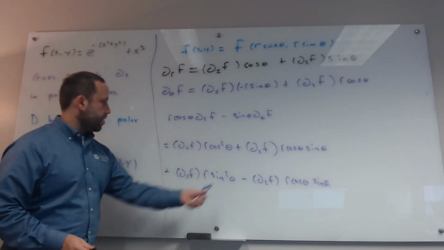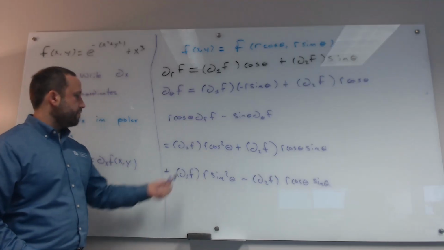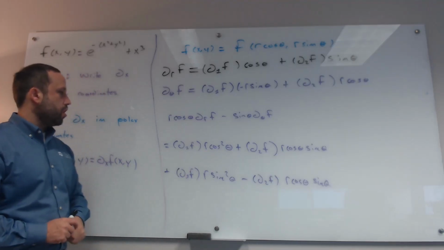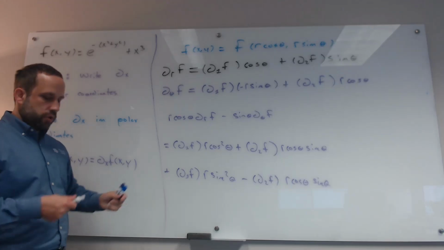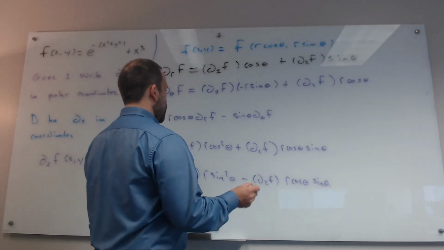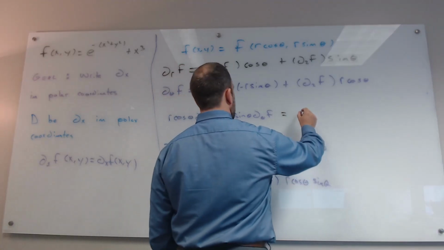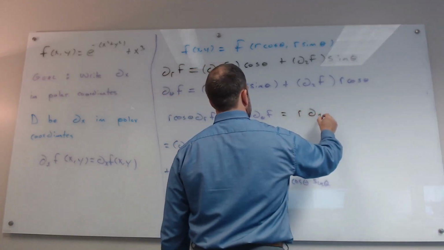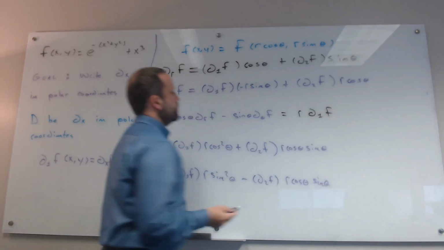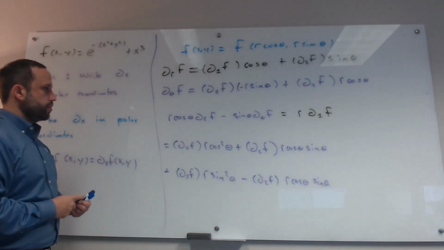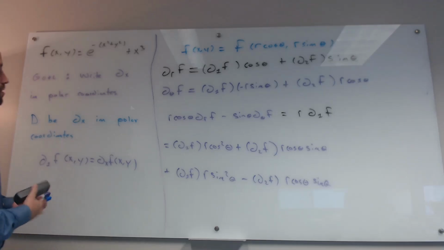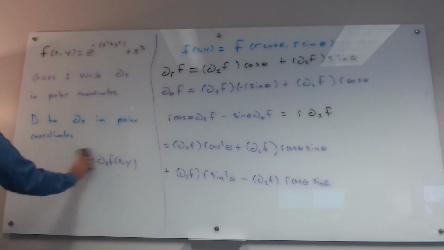If you look here, there's a common factor of the 1 derivative of f times r. Cosine squared plus sine squared is equal to 1. And so what we find is that this is equal to r times the derivative in the first component, which, again, based on this over here is what we wanted to look at.